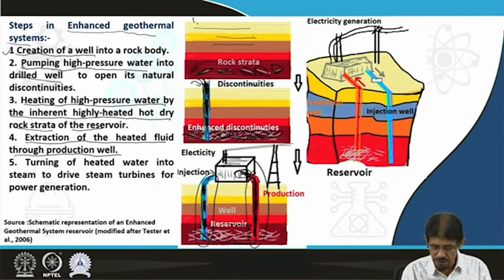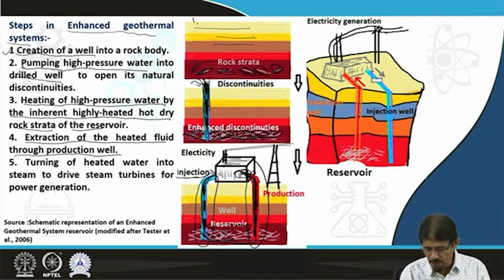The injection well is utilized for injection of water, and this injected water works in two ways. First, it increases the permeability of the reservoir. Second, this injected water interacts with the rocks at higher temperature and becomes hot fluid.